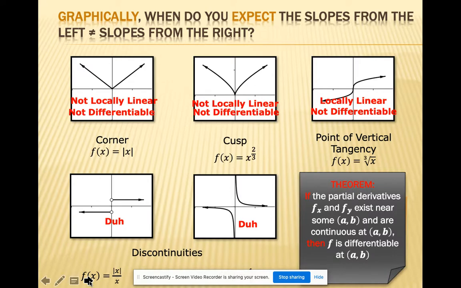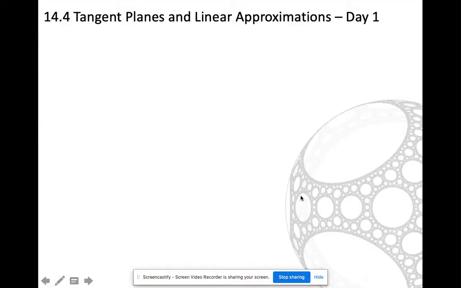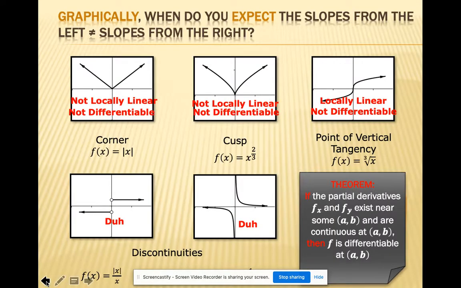So firstly, there's a theorem. Now I don't ever need to test you on this theorem, but there are going to be some homework problems where you need to use it. If I ask you to show that a certain function in terms of x and y is differentiable, you need to look at the partial derivative with respect to x and the partial derivative with respect to y, and just show that they exist.